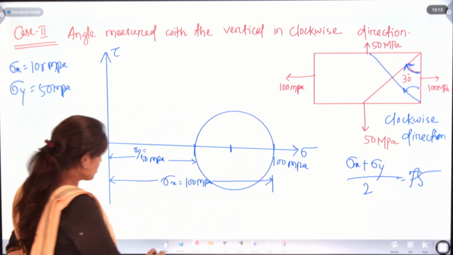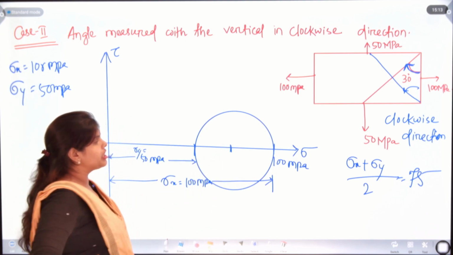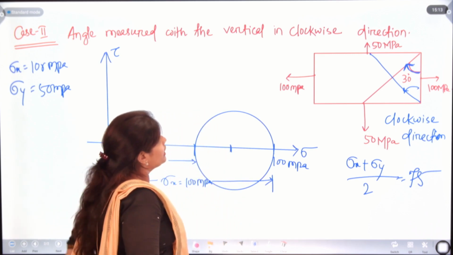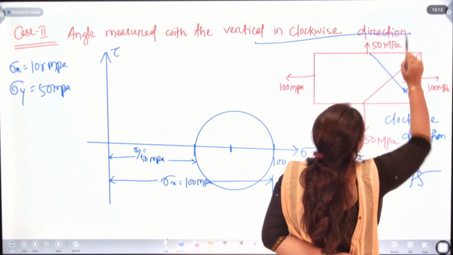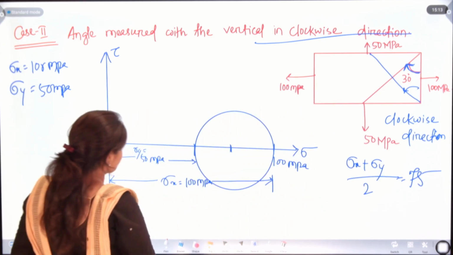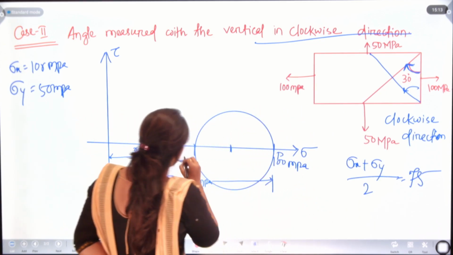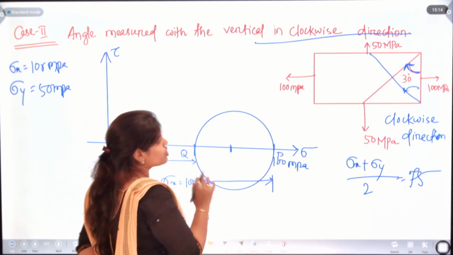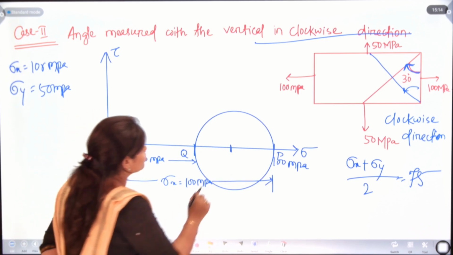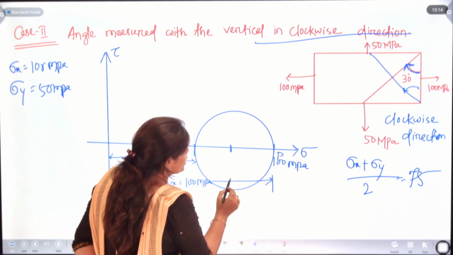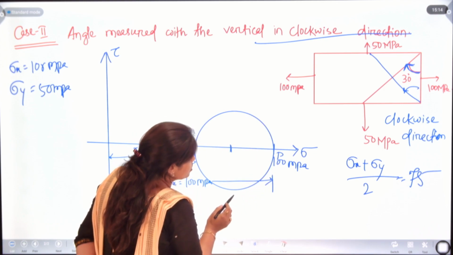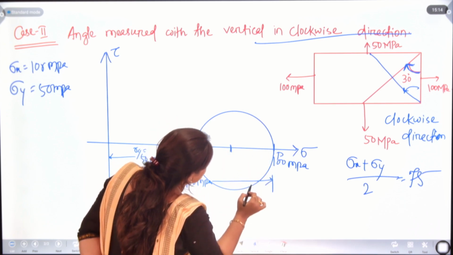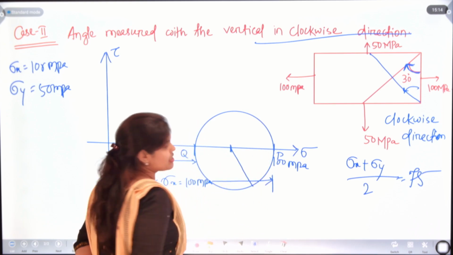So what next? We have the midpoint here. As it is said, in which direction is the angle acting? In clockwise direction. So this is our P and this is Q. This PQ plane is most important. If this is acting in clockwise direction, you can see it like in this direction. So the angle will be from this plane to 60 degree, like this.